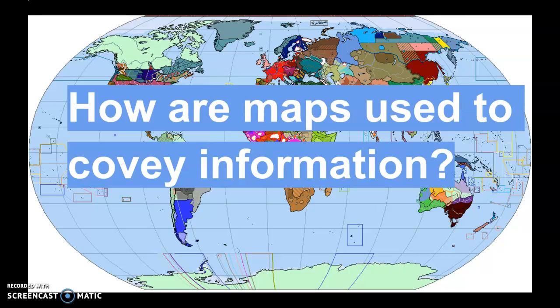How are maps used to convey information? Well, we talked about this yesterday, and some of you mentioned the last time that you used maps, you used them for things like trying to find a restaurant or navigating a bike trail or trying to complete a map quiz.